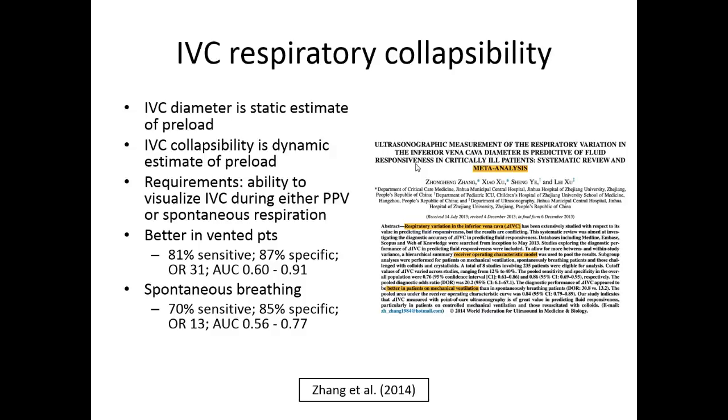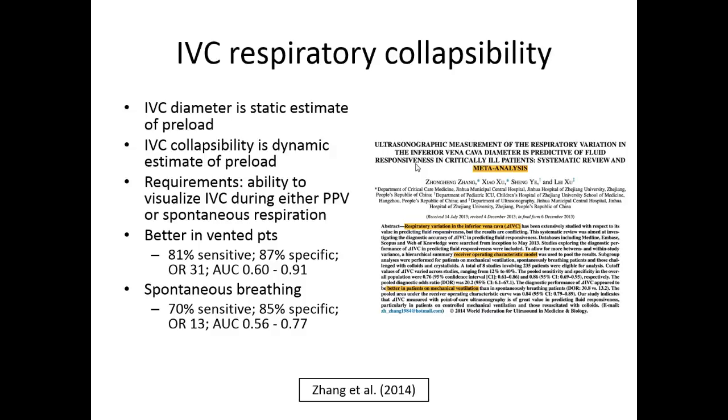So there's a big meta-analysis, I think 2014 here, where they kind of summarized the existing data on IVC ultrasound. It's a lot better in patients that are on the vent, and this is understandable because in a patient who's not spontaneously breathing and is vented, you're getting a reliable temporary increase in preload with every positive pressure breath.